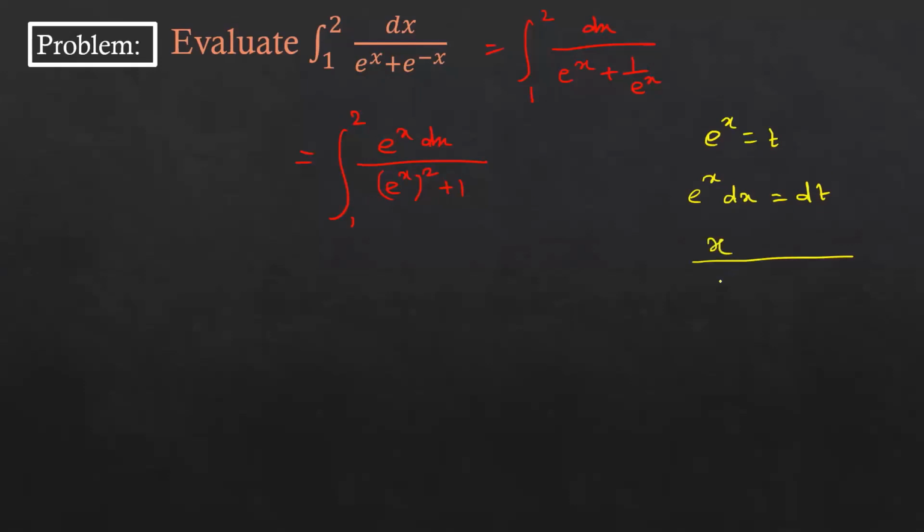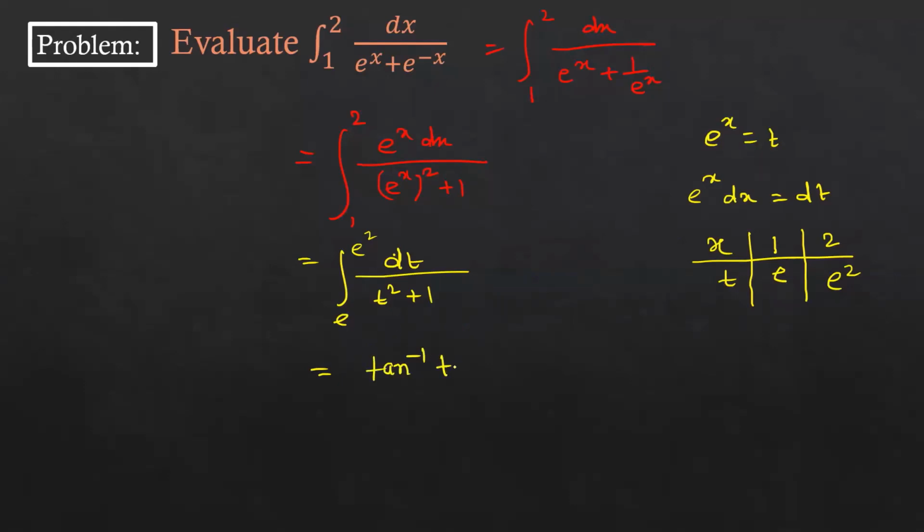Suppose this is the x limit and this is the t limit: when x is 1, t is e, and when x is 2, t is e square. So here you have to change the limit from e to e square, with dt, and e to the power x squared means t square plus 1. You know the integration for that: this is tan inverse t, 1 by 2.